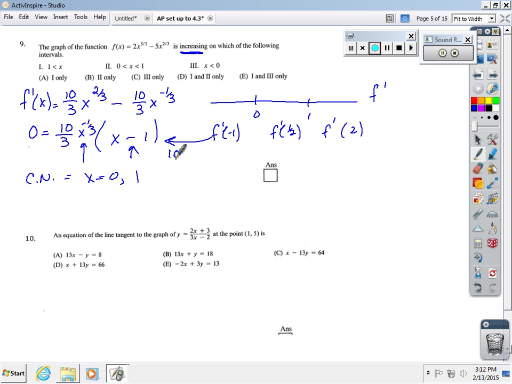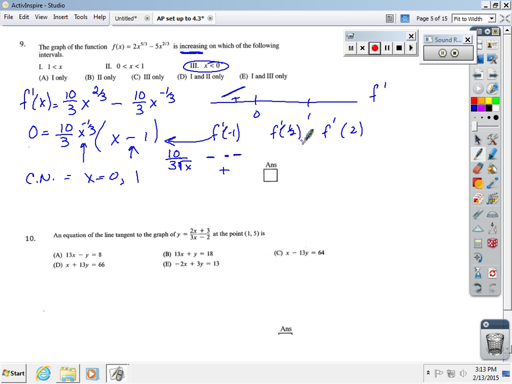Now, 10/3 times x to the negative 1/3 is really 10 over 3 times the cube root of x. So if I put negative 1 in for that, the cube root is going to be negative, so that'll be a negative. Then I put negative 1 into the parentheses, and that's going to be a negative. Negative times a negative is a positive. It's positive, it's increasing. Okay, so I know that it's increasing less than 1.